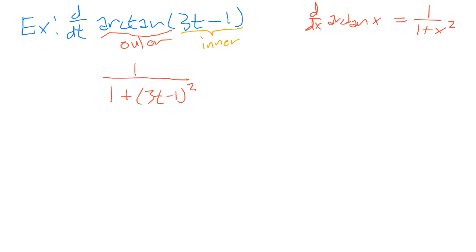Now we take the derivative of our inner, and the derivative of 3t minus 1 is just going to be 3. Therefore, our final answer is just going to be 3 over 1 plus 3t minus 1 squared.